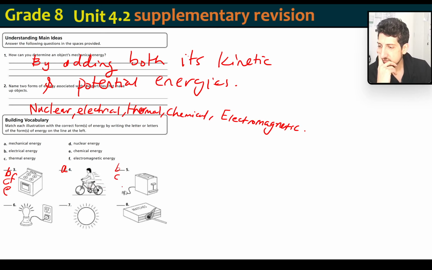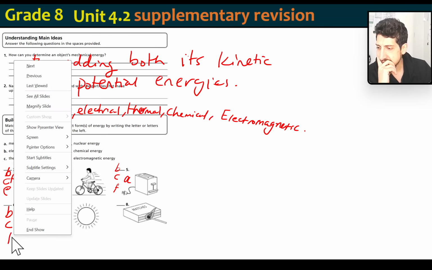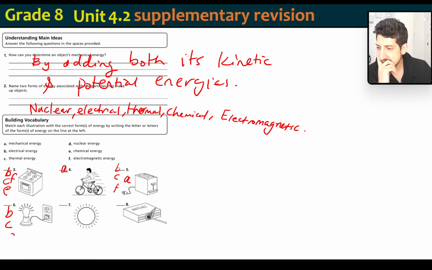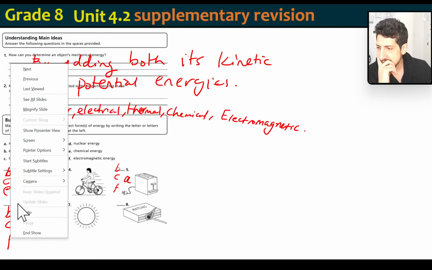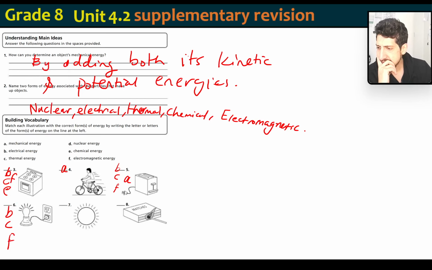We've got a bit of electromagnetic energy. And we also have some mechanical energy because when you push it down, there's a spring. So that holds some energy. So that's potential. That one's got electrical energy as well as heat, thermal energy mostly. And of course electromagnetic, because obviously it's light. So electrical, thermal, and electromagnetic.